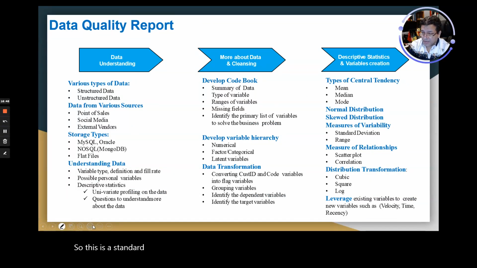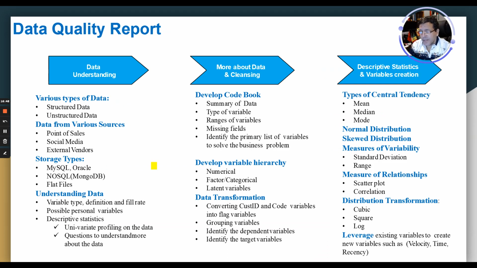Of course, I don't want you to be a slave of this standard, but it does have everything about this case. You need to talk about the various data types and the various sources where you are getting the data. Talk about the storage and your understanding of the data. Talk about the summary, type, range, missing fields, and primary list of variables. Then talk about the variable hierarchy and data transformation.